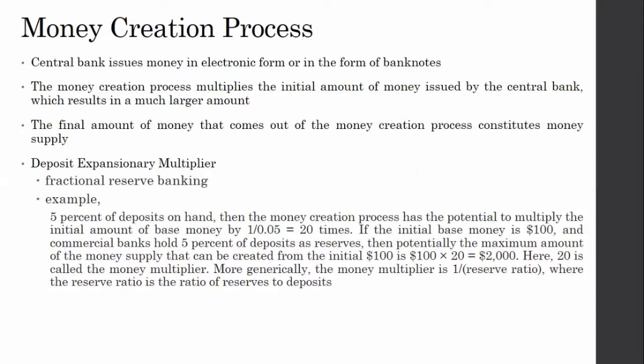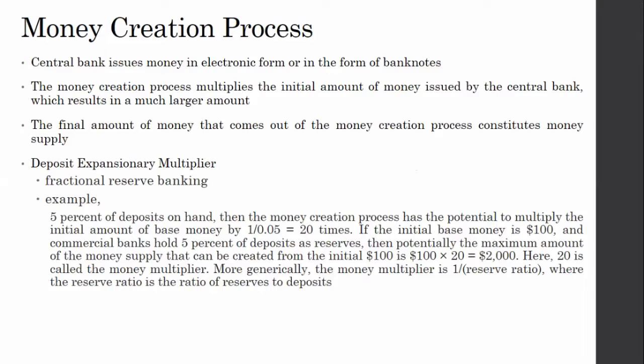But in practice, it cannot be done because there should be some cash available for the day-to-day operation of the commercial bank, as well as to meet the regulatory obligations set by the central bank. We call these the reserve requirements of commercial banks.